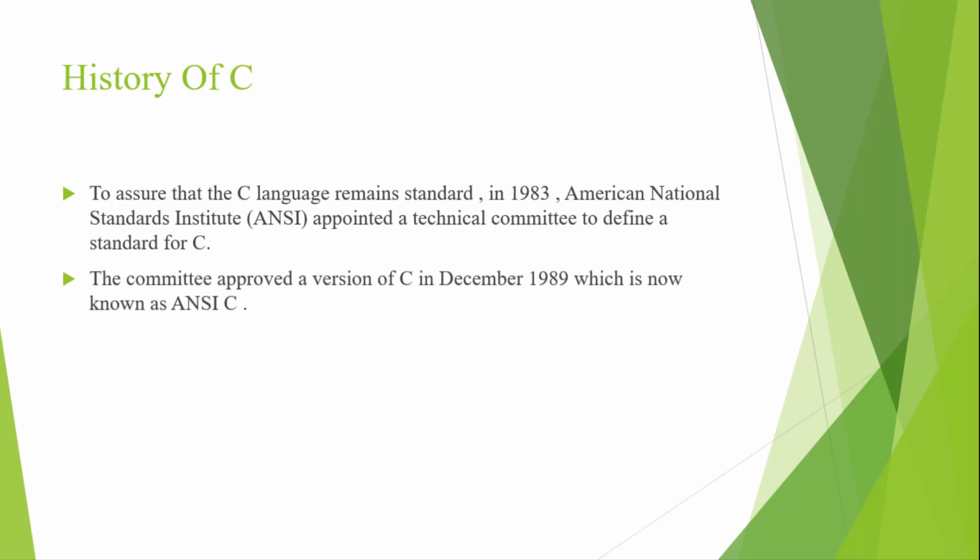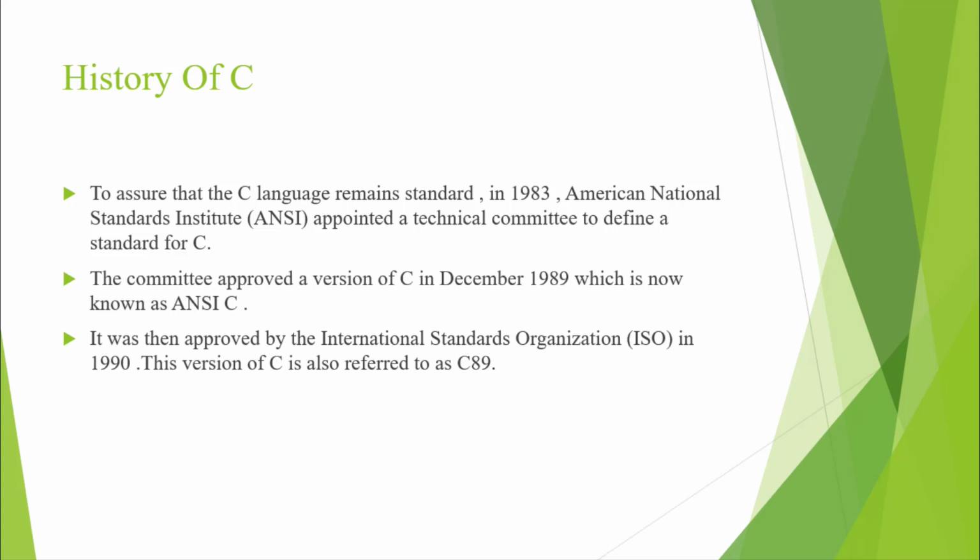The committee approved a version of C in December 1989, which is known as ANSI C. It was then approved by the International Standards Organization in 1990. This version is also known as C89 because it was approved by the ANSI committee in December 1989.